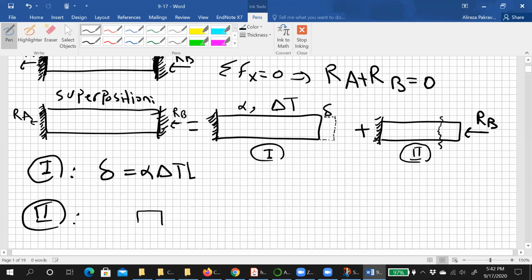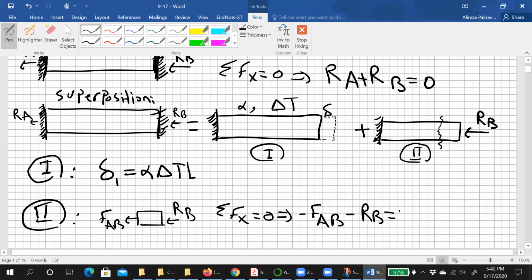It's very easy, right? It's RB. Let's say it is FAB. So this is delta 1, delta 2. Summation of force in the direction of x is 0: FAB minus RB is 0.